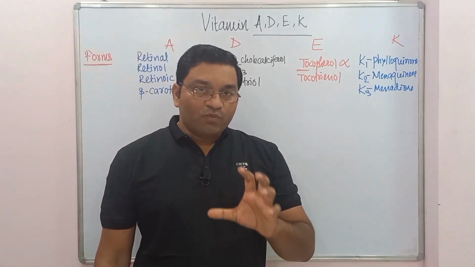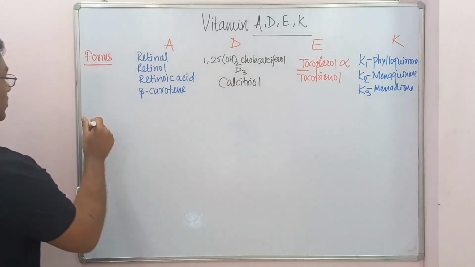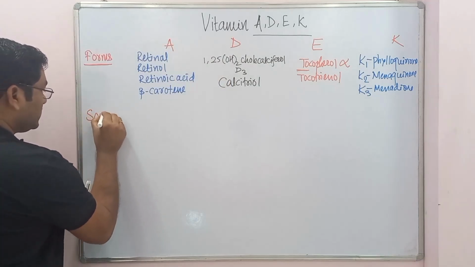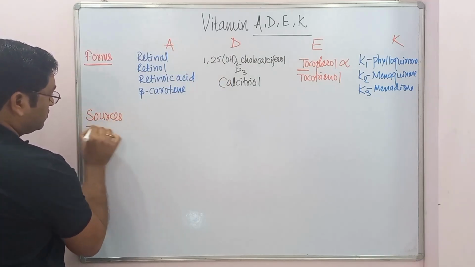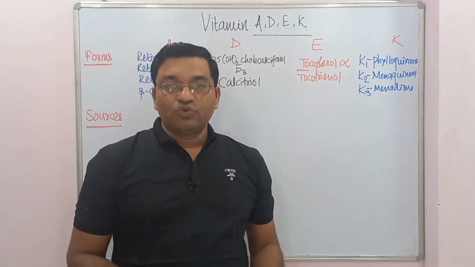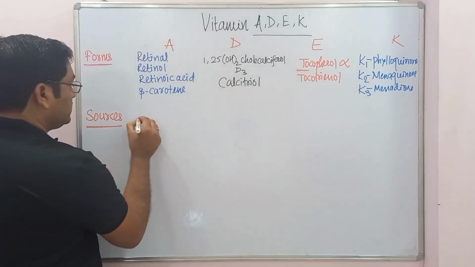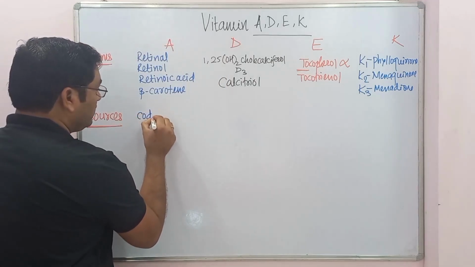Now coming to the important sources of these vitamins. So the second important point is sources. For vitamin A, the important source is cod or shark liver oil.